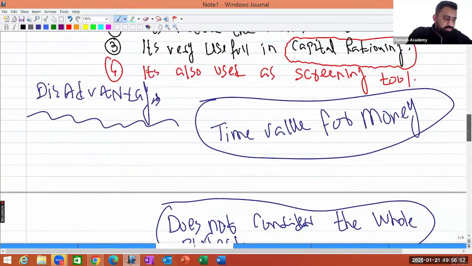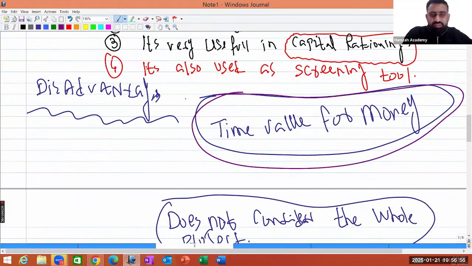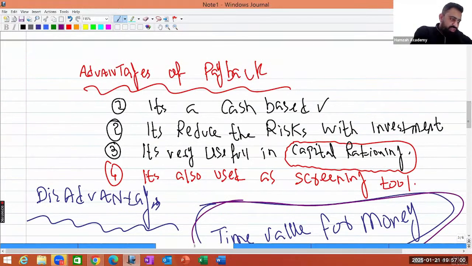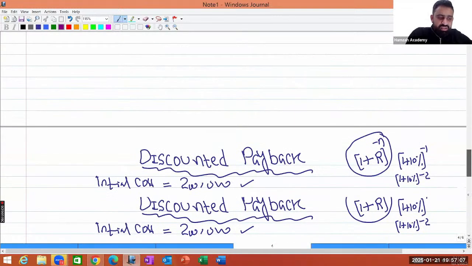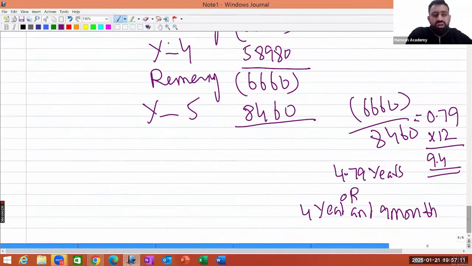In simple payback, it was a disadvantage that it was not considering the time value of money. In discounted payback, it is an advantage that it is considering the time value of money. Got it? Other advantages and disadvantages will remain the same.